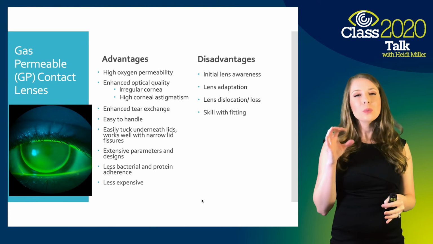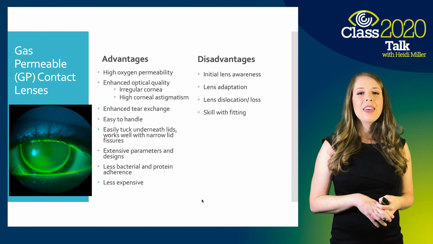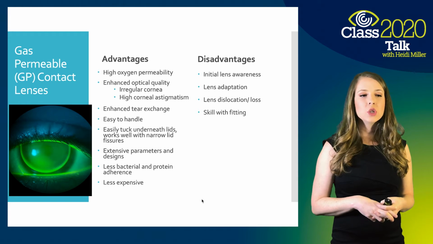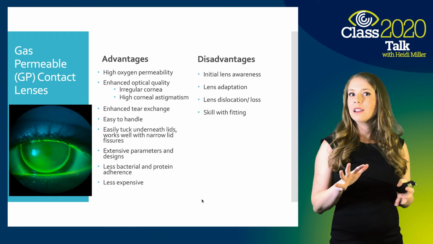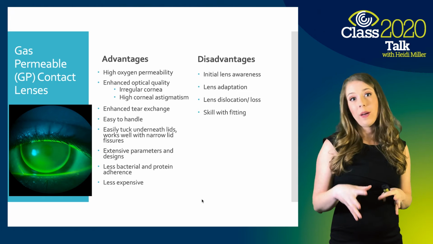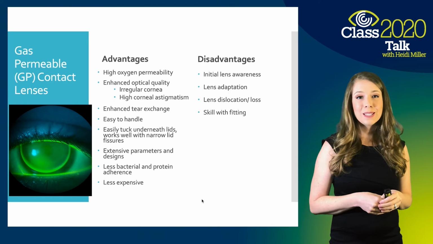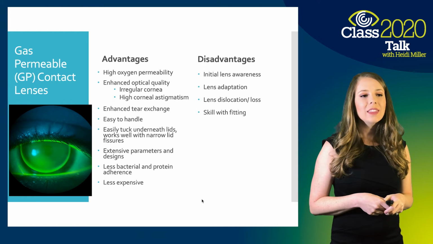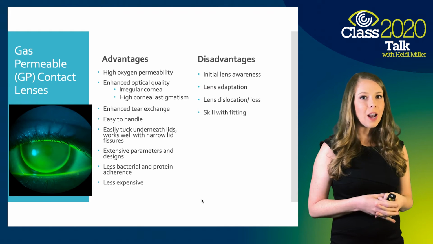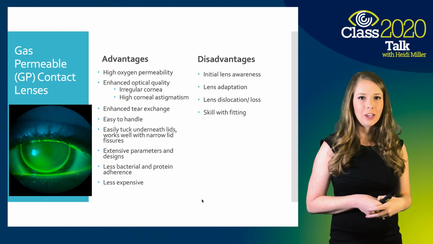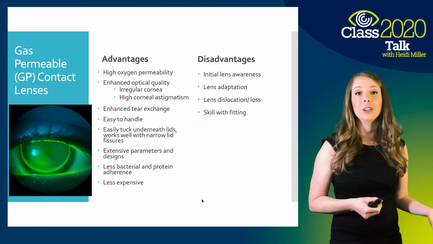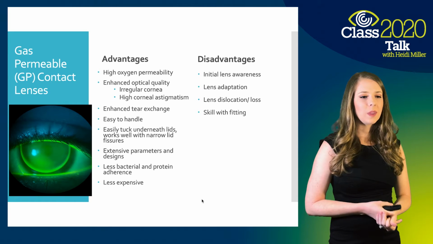Also, if you're dealing with really small, narrow lid fissures, that can be a lot easier than trying to get a flimsy, soft lens into the eye when the baby's not being cooperative. So really think about your GP lenses as an option for those pediatric patients because I've had a lot of great success with using GP lenses.